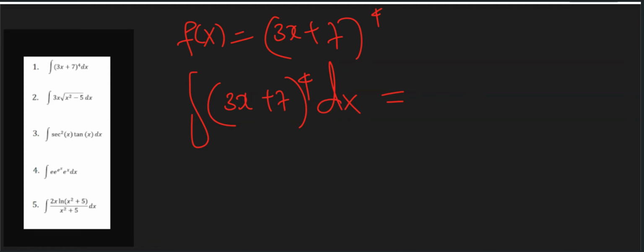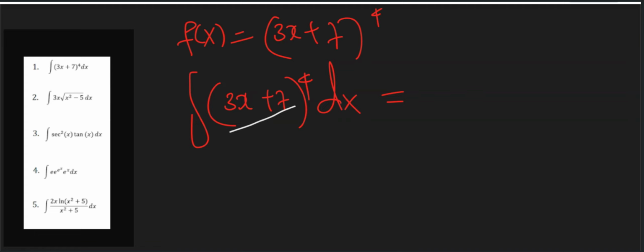Normally when there's a bracket, that is a tip. Whenever you have a bracket, ensure that whatever is in the bracket or under a square root is the one that is equated to u. In this case, whatever we have in the bracket is 3x plus 7.